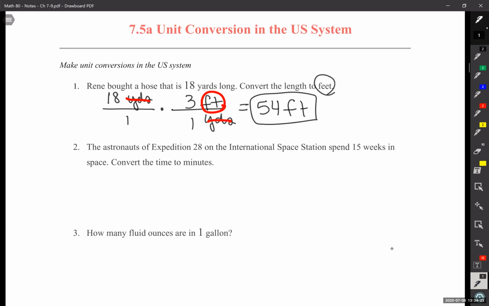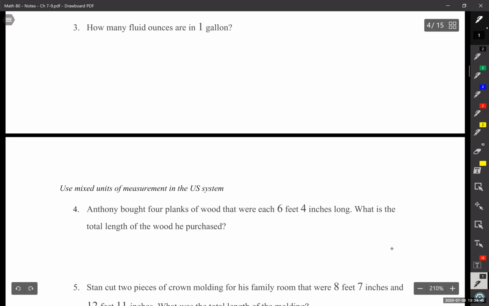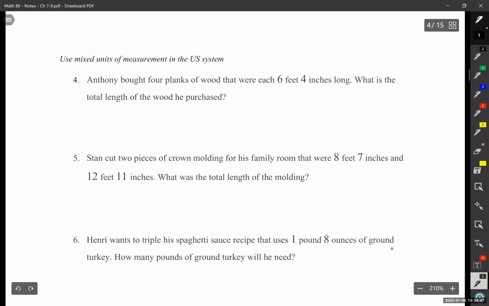And so sometimes the problems are pretty straightforward and you just go from yards to feet, which have the conversion. Other times it's a little trickier where we are talking about weeks and we want to convert that to minutes. So this one, I feel like you probably already know the conversions, but we will still check out this chart.